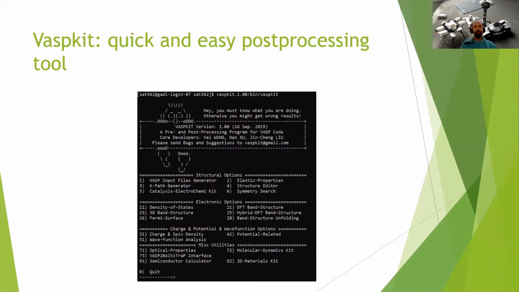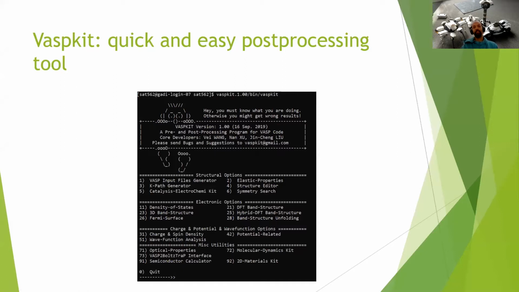Okay, so for vaskit, I'll just quickly show you what vaskit is. It's so easy to install. And when you run vaskit, just in the command line, you run the executable for vaskit, and then you get this menu, and then you can use these numbers here. These are all codes for functionalities in vaskit. So you can enter those numbers, and this will let you start the functionality.